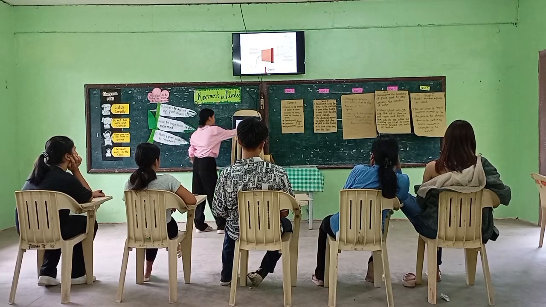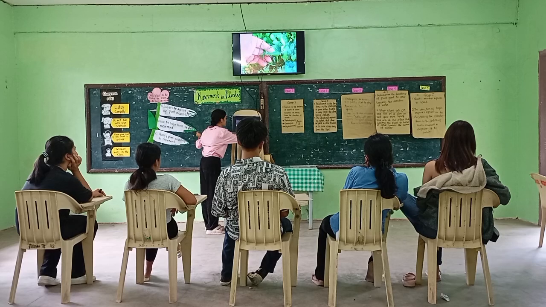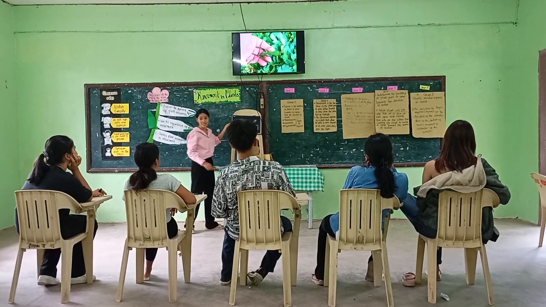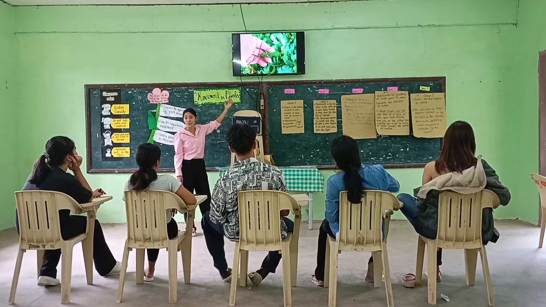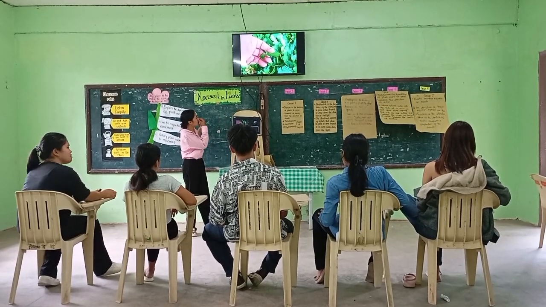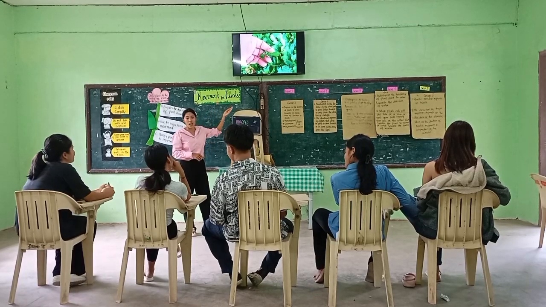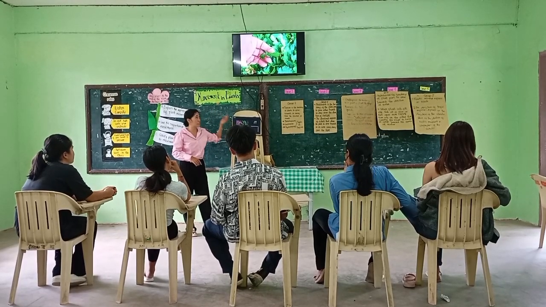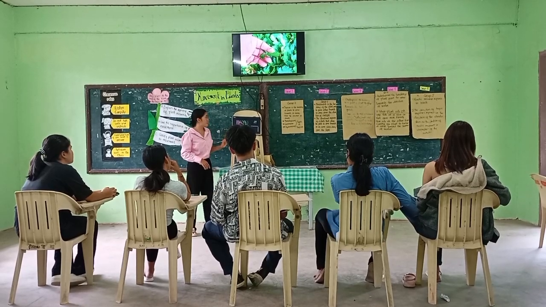For example, class, are you familiar with this picture? This plant is called the mimosa, or the touch-me-not plant. As you can see, when it is touched, the leaves fold. So that is an example of nastic movement.